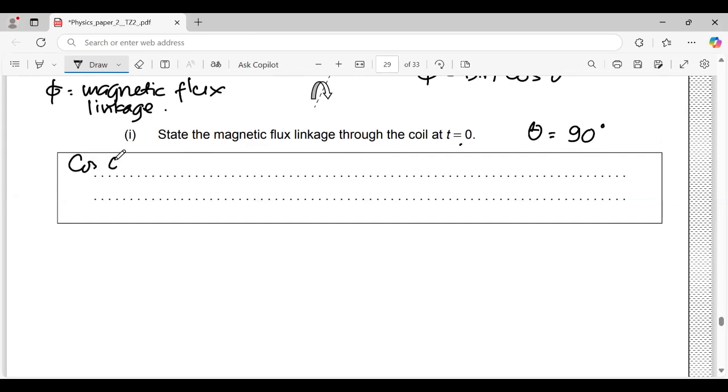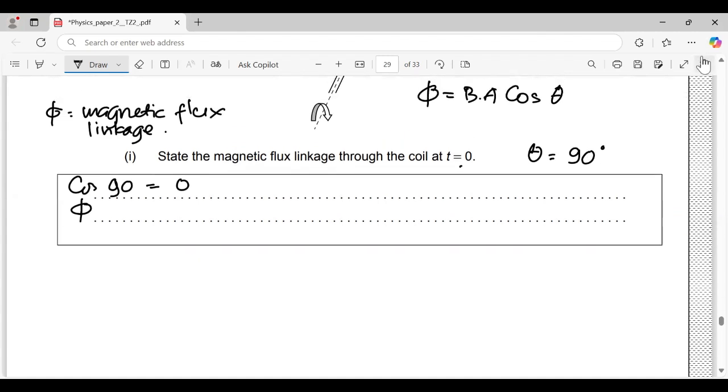Cosine 90 equals 0, so according to this formula phi equals B times A times 0. So phi equals 0, the magnetic flux linkage through the coil at t equal 0, the initial position.